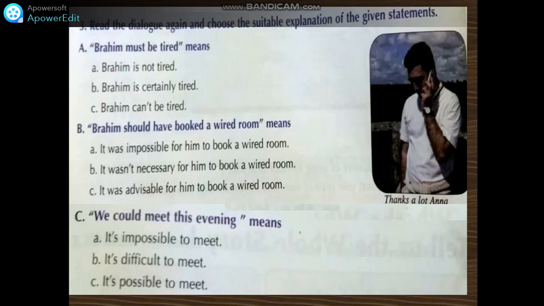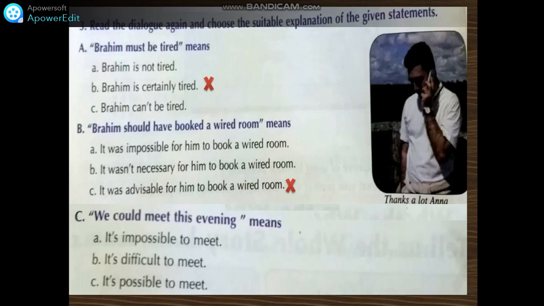Alright, now let's correct. So the first one, Brahim must be tired, means yes, Brahim is certainly tired. Very good. B. Brahim should have booked a wired room, means it was advisable for him to book a wired room.